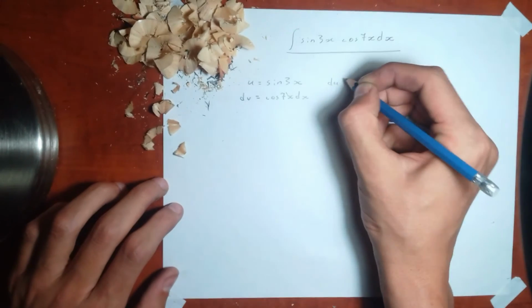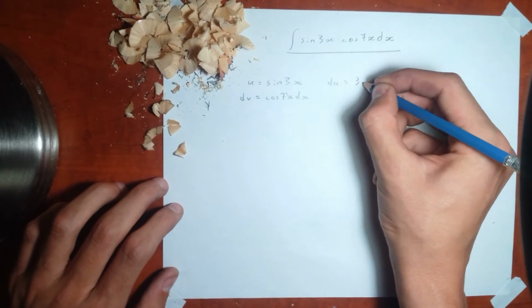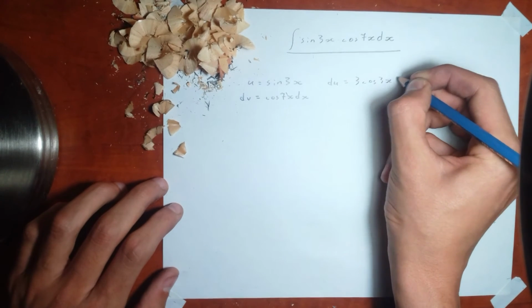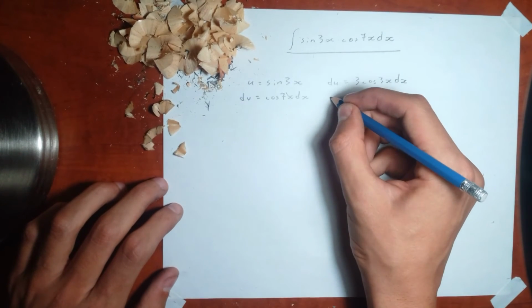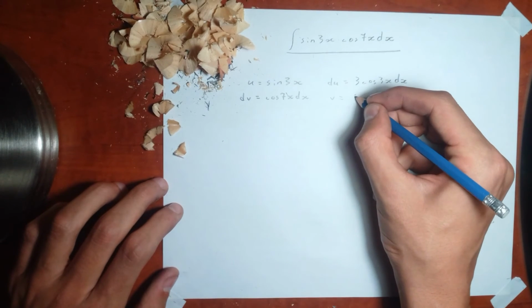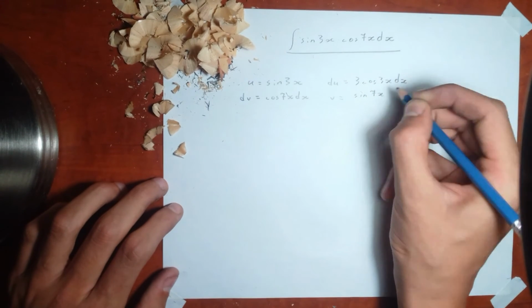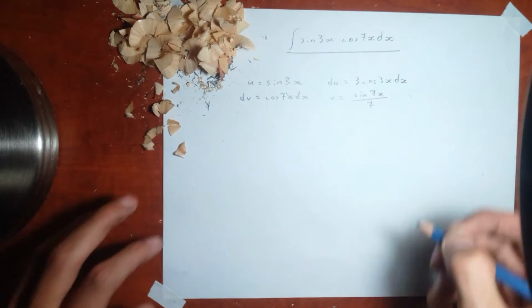Therefore, du equals 3 cosine 3x dx and v equals sine of 7x over 7.